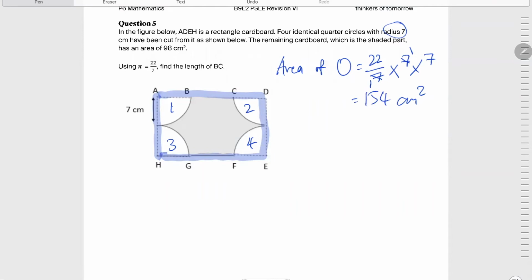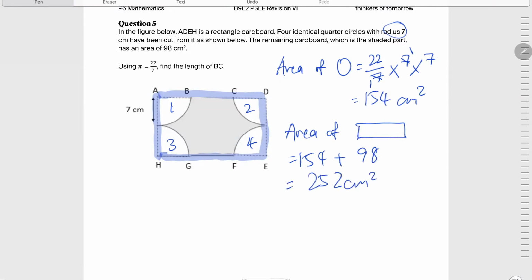Okay, so area of the rectangle would be 154 plus the shaded area, which is 98. So you're going to get 252 cm squared. Okay, so area of rectangle is length times breadth, right? You know that one radius is 7 cm, so you will know that the breadth would be 14 cm.